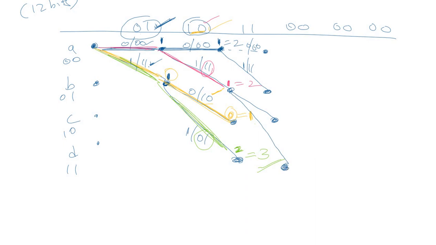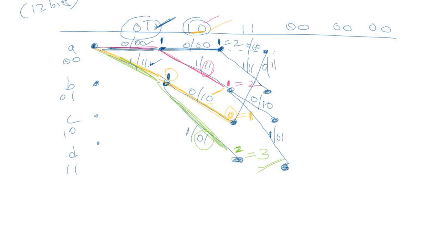Similarly, if we are at state C, if the input is 0, it transitions to state A and the output is 1 1.